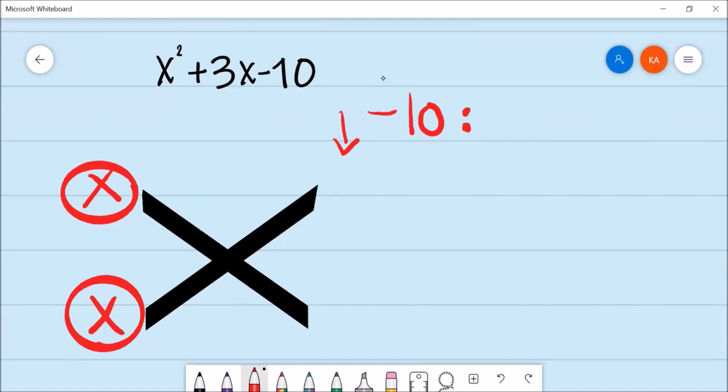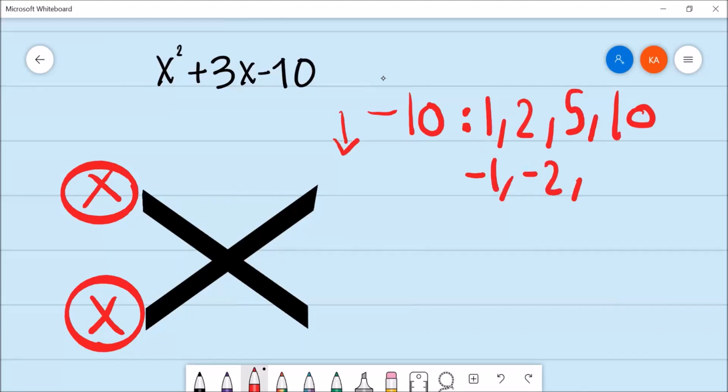So we have minus 10, the factors of 10 are 1, 2, 5, 10. Minus 1, minus 2, minus 5, minus 10.